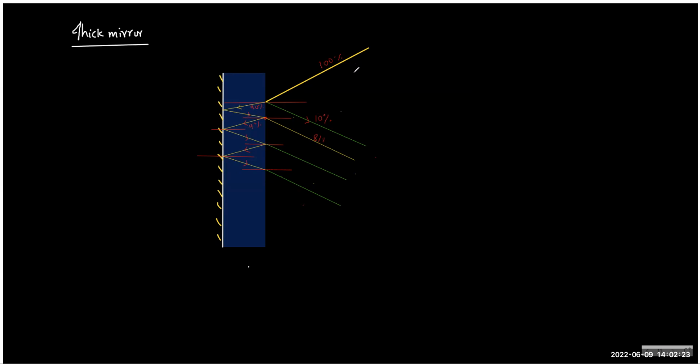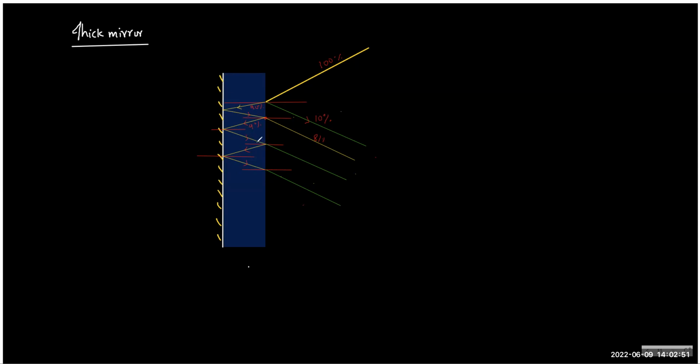So what I'm taking is the ratio of 90 refraction and 10 reflection. Okay. So 100 will go, 90 will go inside and 10 will come outside. So what will happen next? 90 will hit the mirror and 90 will come back. But again, at the refraction point, only 10% will reflect and 90 will refract. So 81% will go away outside and 9 will come inside.